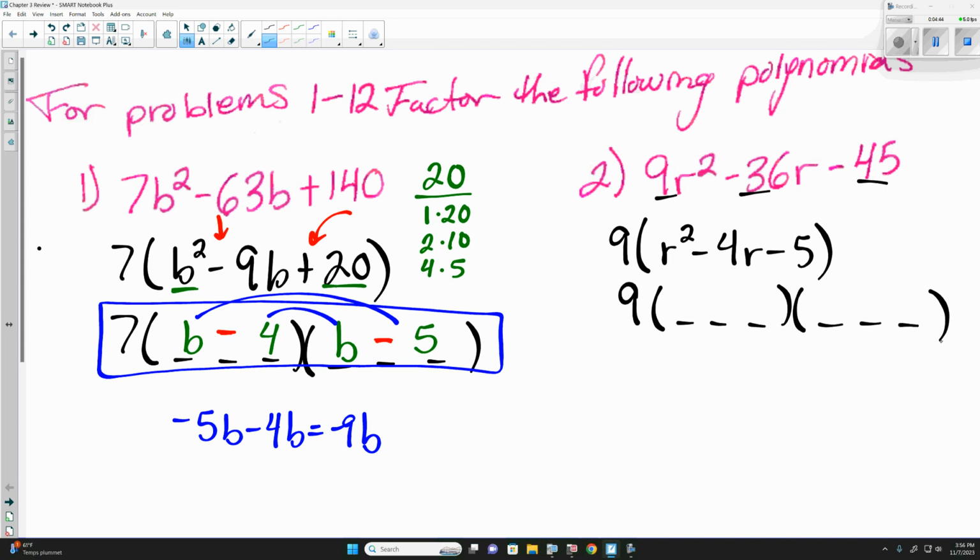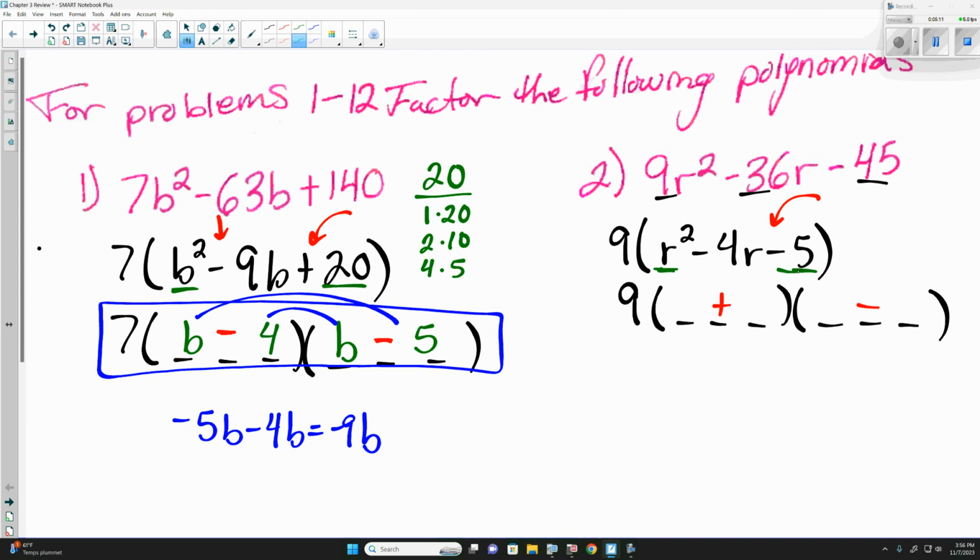Once we factor it out, we get 9 times r squared minus 4r minus 5. Two sets of parentheses with three spaces. Now we're going to find the signs. If the third term is positive, the signs are the same and match the sign of the middle term. If the third term is negative, then the signs are opposite. Here, our third term is negative, so one is positive, one is negative.